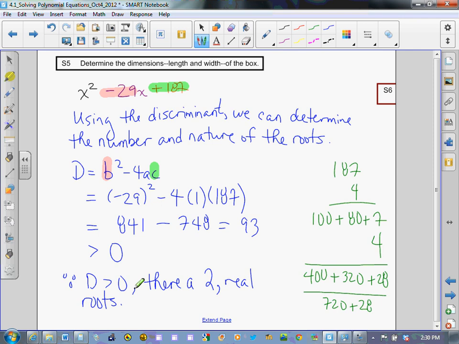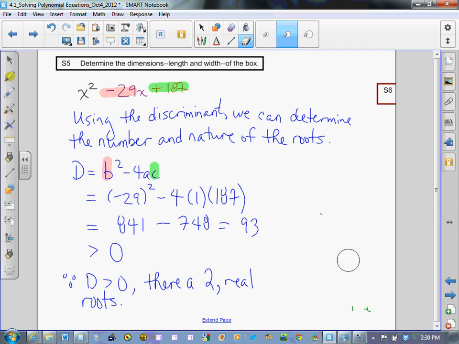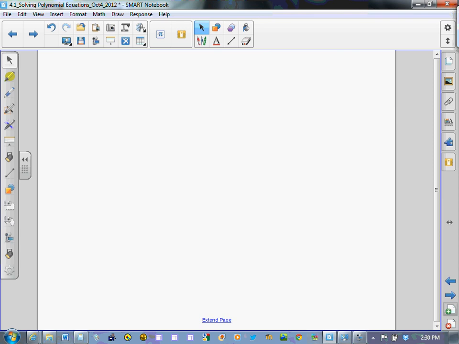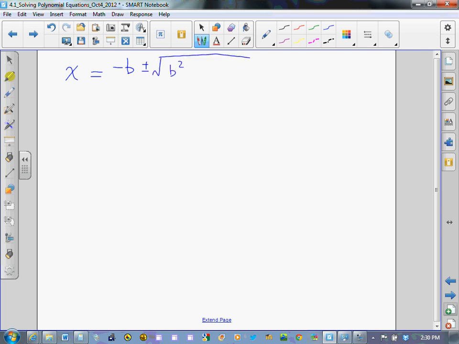Now what that means is we need to delve in a little deeper into the problem in order to find them out. So let's go ahead and do that. So remember that 93, that's a key number. So let's go ahead and work with the quadratic formula, which is negative b plus or minus the square root of b squared minus 4ac, all over 2a.